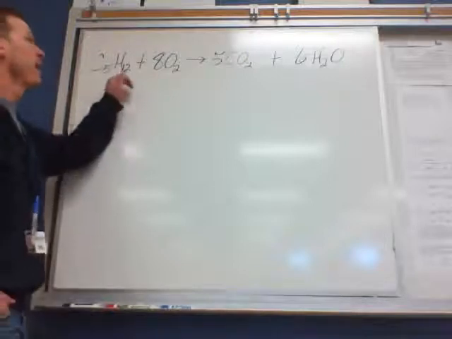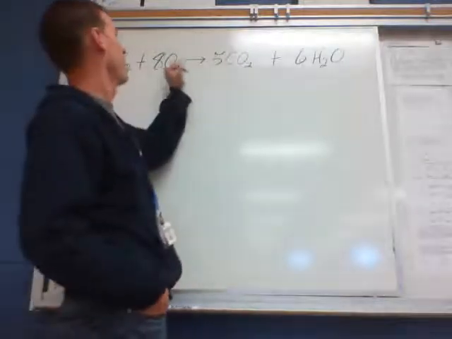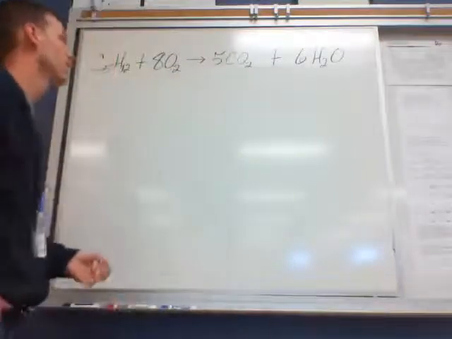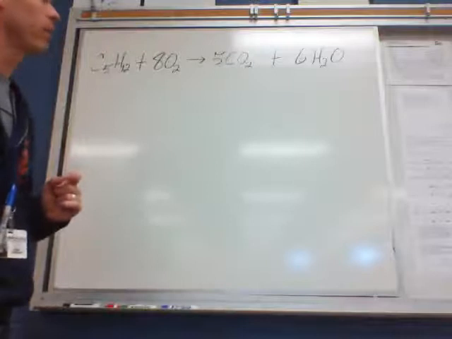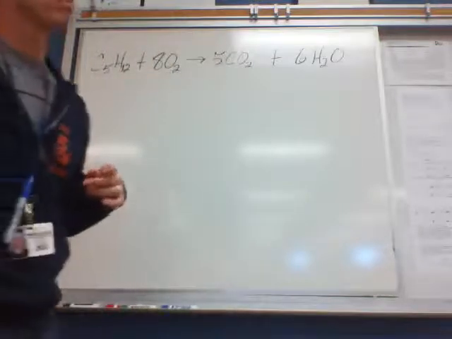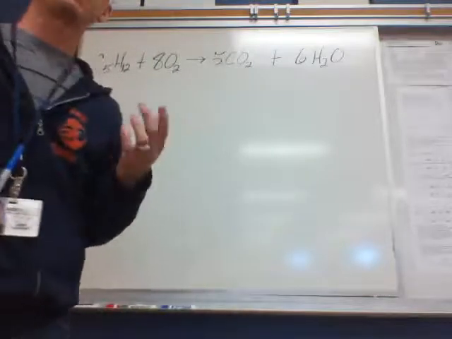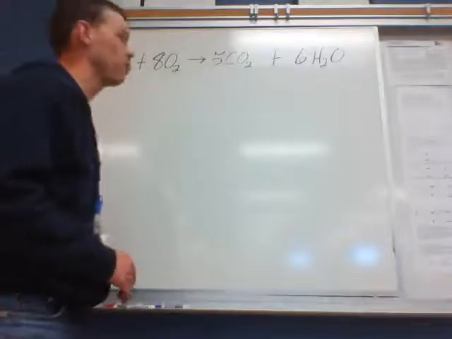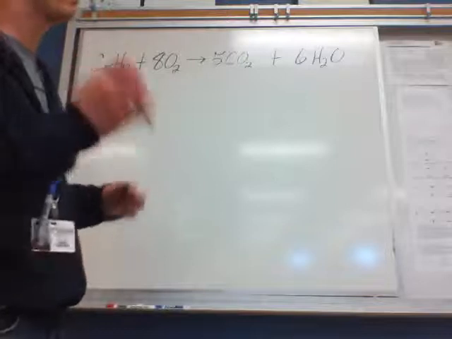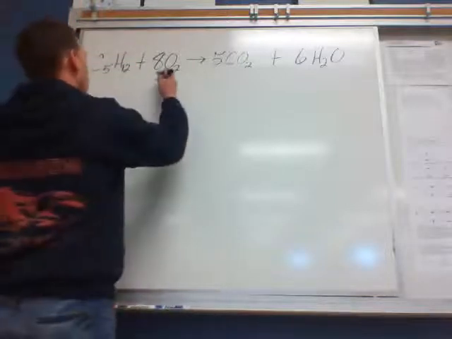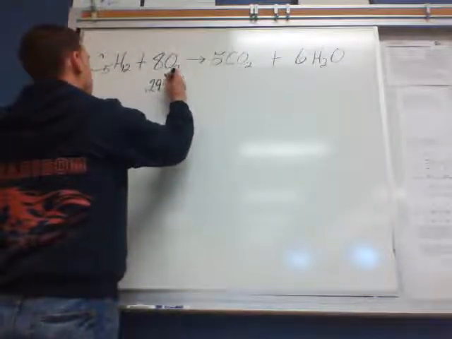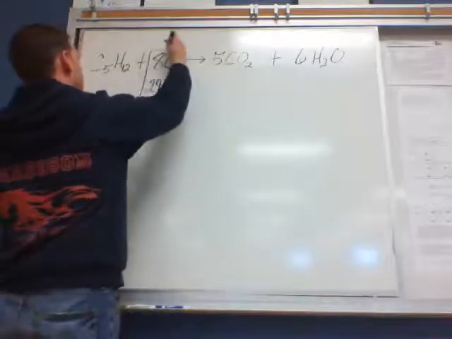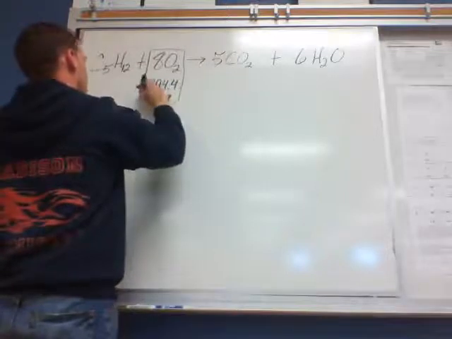It says pentane reacts with oxygen, with 8 oxygens to produce 5 carbon dioxides and 6 waters. This is called combustion. Anyway, if you look at our problem, it gives us some information. So let's check that out. It says we've got 294.4 grams of this guy.